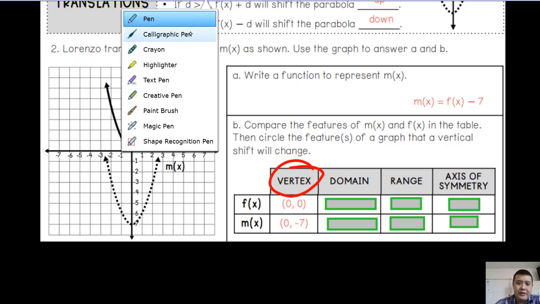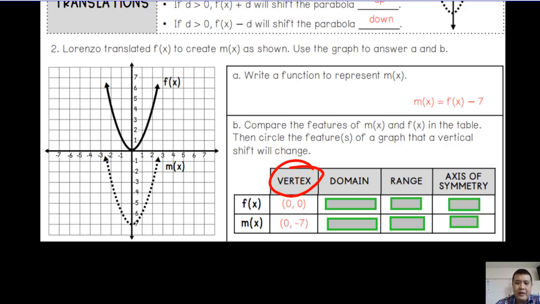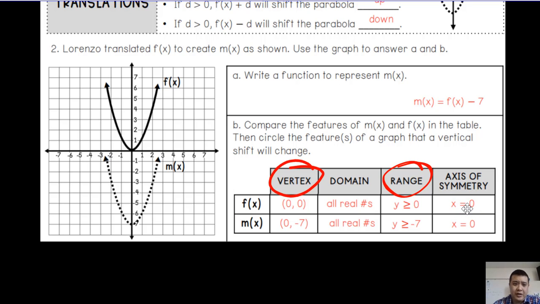And then the domain, well, the domain for any quadratic in standard form is all real numbers, and so we'll say the same if it is shifted down. Range, well, the range will change, right? Because the original one is y is greater than or equal to 0. Now it's y is greater than or equal to negative 7. The axis of symmetry does not change because it's still x equals 0.